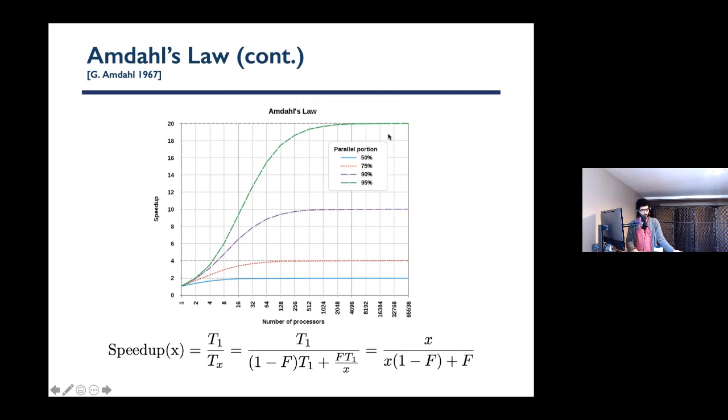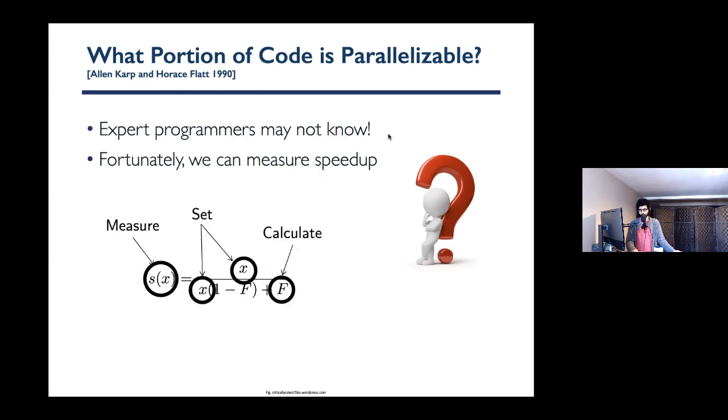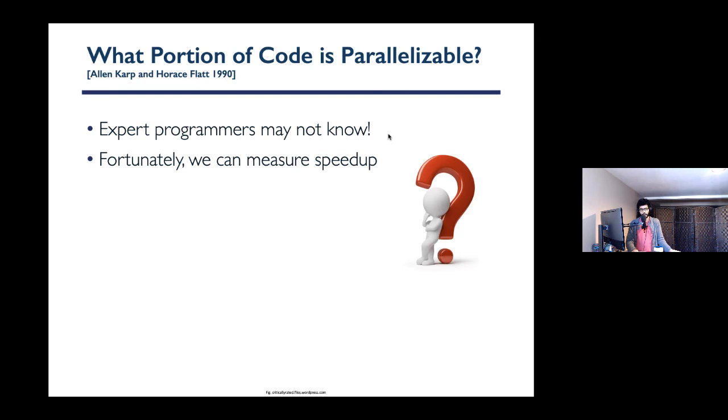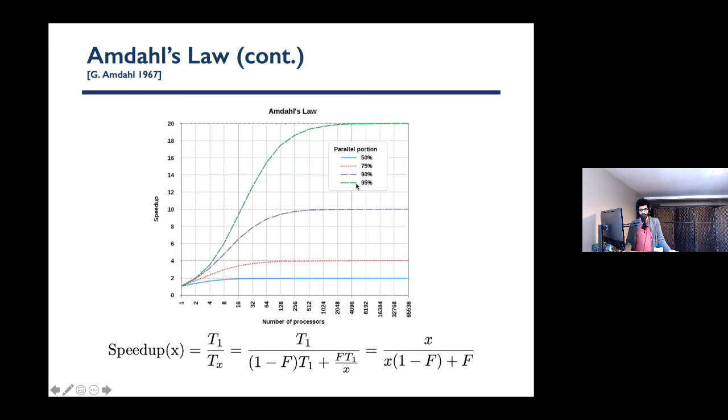We're over time, so I'm going to just move on. I'm not going to cover this. I would ask you to read this by yourself. It won't show up in the quiz. The question this answers is, as you can see here, we have different graphs for different parallel portions.